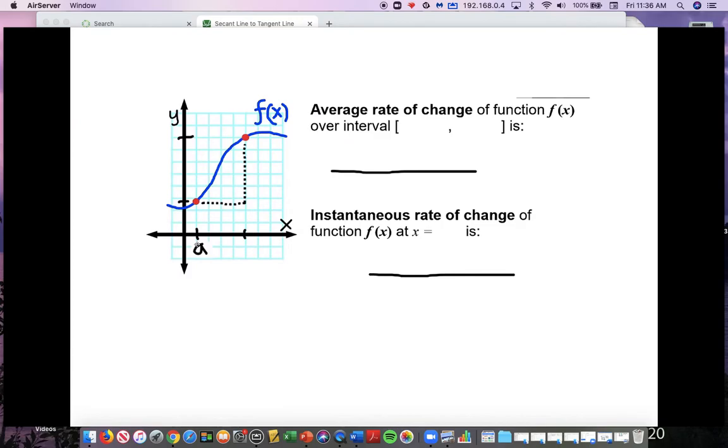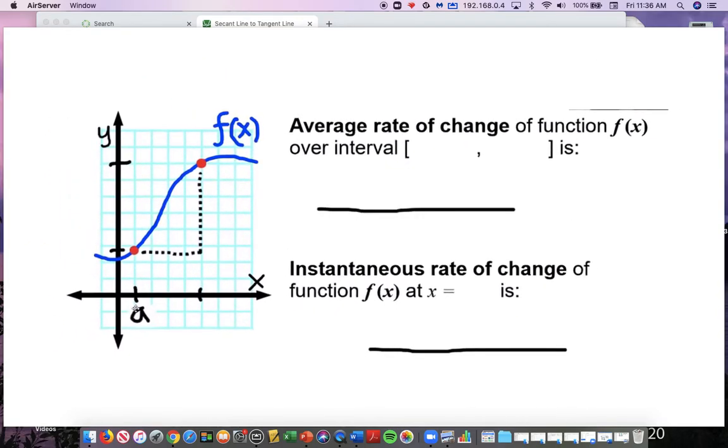So let's summarize some of this. The average rate of change of the function over an interval from a to b, call this b, is f of b minus f of a divided by b minus a.